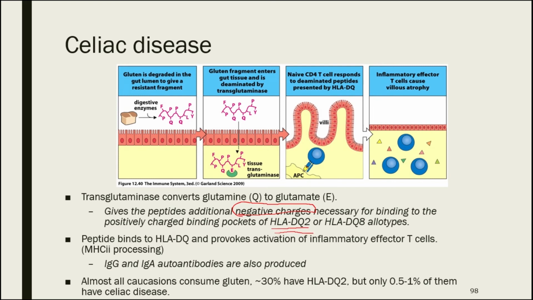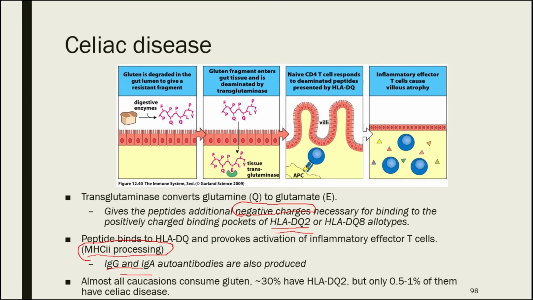So it binds to DQ2 and goes through the same antigen presenting process, class 2 processing, and then it will eventually generate IgG and IgA autoantibodies.